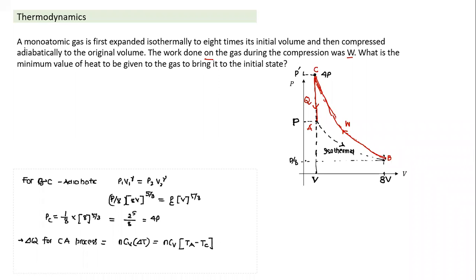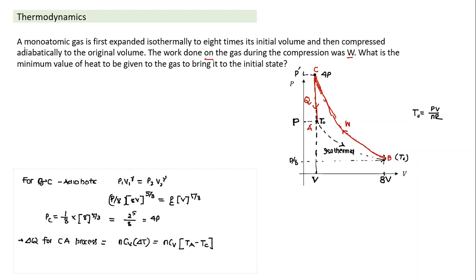Now, can you calculate the temperature also? If at this point the temperature is T naught, what will be the temperature at this point here? This temperature also is T naught, where T naught is equal to PV by nR. So here also temperature will be T naught. So can you tell what will be the temperature at point C if the temperature is T naught here?